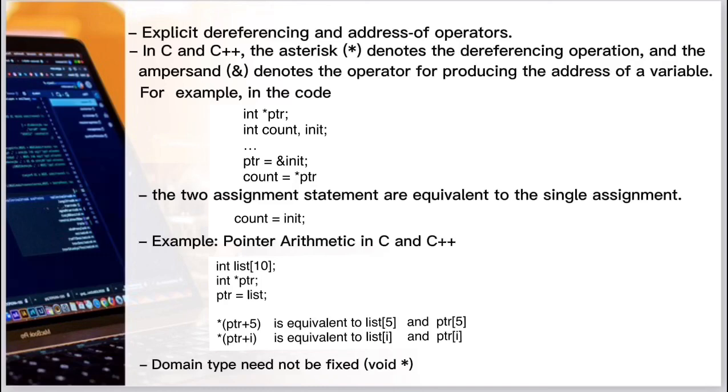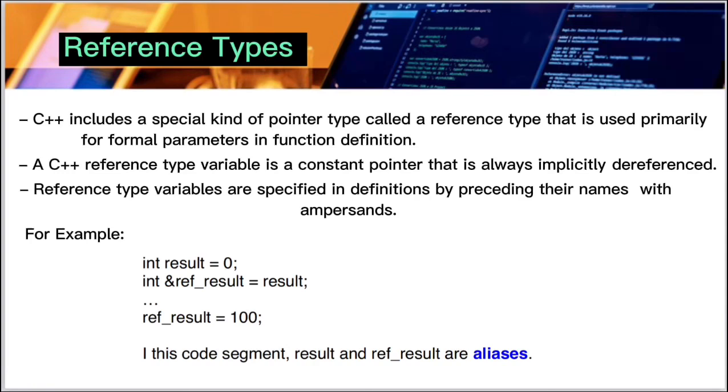Reference types. C++ includes a special kind of pointer type called a reference type, used primarily for formal parameters in function definitions. A C++ reference type variable is a constant pointer that is always implicitly dereferenced.